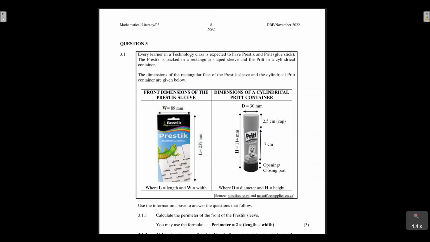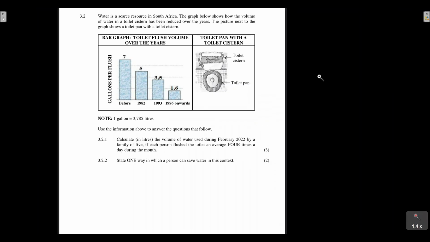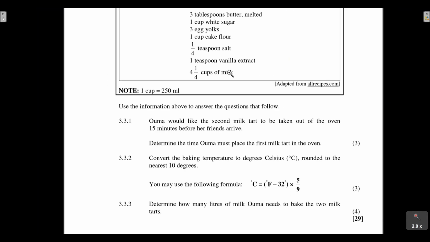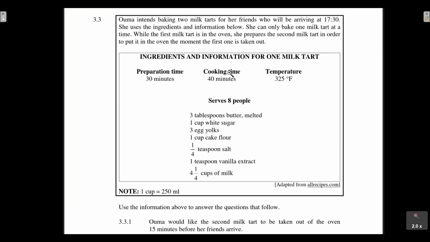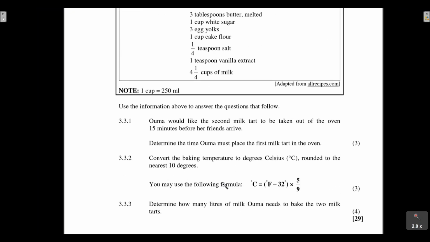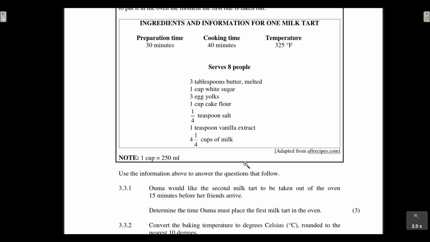In the next question, we're going to be tackling question 3.2, and in question 3.3 we're going to be doing our cooking conversions, converting cups to milliliters, and further on converting that to liters. We're going to be converting degrees Fahrenheit into degrees Celsius.